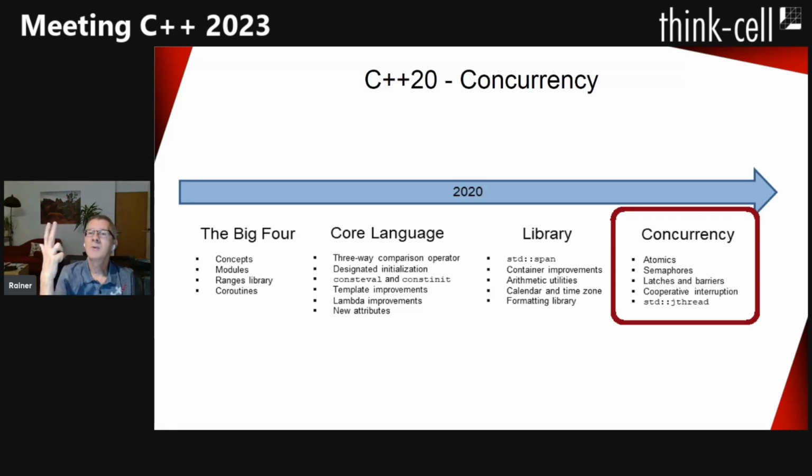We have now atomics for floating points and for smart pointers, and we have atomic_ref. We got additional semaphores, which block when the counter becomes 0, latches and barriers, which block when the counter is not 0, cooperative interruption, and finally std::jthread.